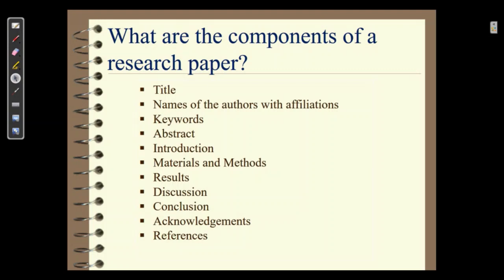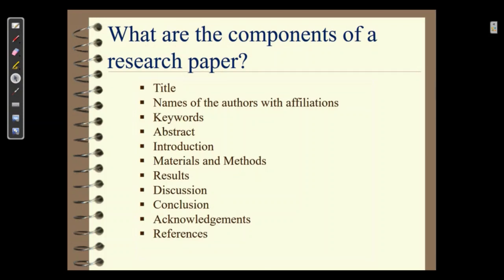Then it is followed by the keywords. Then it has the abstract, which is the summary of our work or experiments. Then it has a brief introduction about the research which we have done, or which we are going to apply in our labs. Then it has materials and methods, results, discussion, conclusion, acknowledgement, and so on.